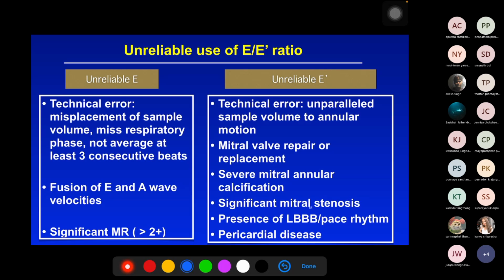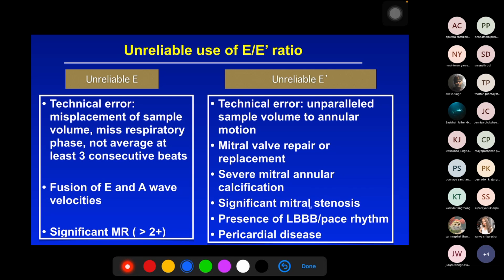Sometimes this E to E prime ratio is unreliable in some conditions that I show you in this slide. It's unreliable, for example, when caused by technical error.